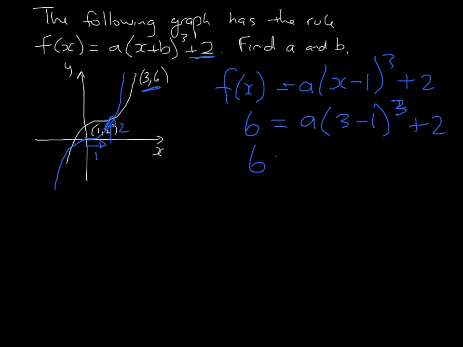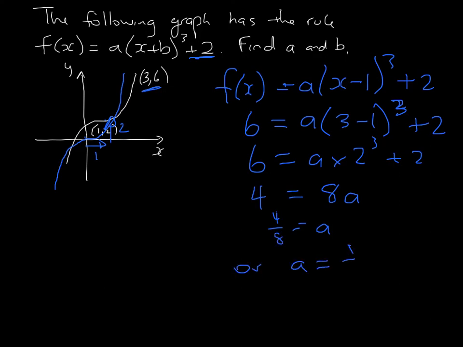So 6 will be equal to a times (3 - 1)³ + 2. Take away 2 from both sides, 4 is equal to 8a, since 2 cubed is 8. Divide both sides by 8, which gives us a is equal to 4 over 8, or a is equal to a half.